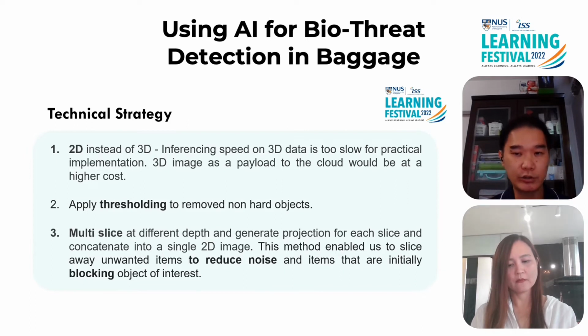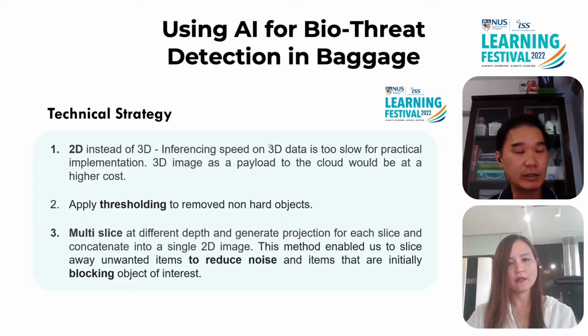Objects like clothes, paper, or very thin objects will have a very small value compared to hard objects like the soles of boots or metal objects. So we can set a threshold or range where only the hard objects are retained. That is what we mean by thresholding. It's quite a common technique used in image processing, and it also helps us reduce clutter, especially as we remove all those clothes and other non-hard objects.